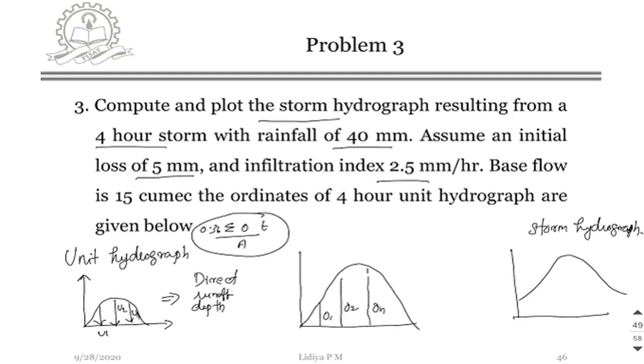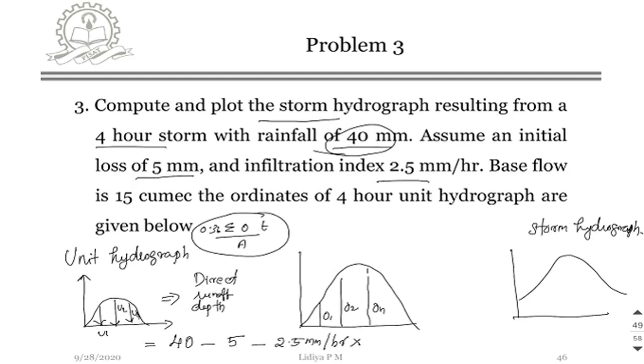In the question it is given that the total rainfall is 40 mm, an initial loss of 5 mm, and an infiltration index of 2.5 mm per hour. So you will get the direct runoff depth from this given data. Direct runoff depth is equal to excess rainfall: total rainfall 40 minus initial loss 5 minus infiltration index 2.5 mm per hour into the total duration.